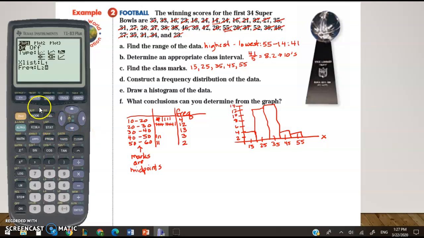So we'll go back here. I need to get my window. My window goes from 0 to 60 on the x-axis, and we'll split that by 10s because that's what our interval was. Our y-axis goes from 0 to 14. We'll make it 0 to 16, going by 2s. I don't want to go to the very top of it.